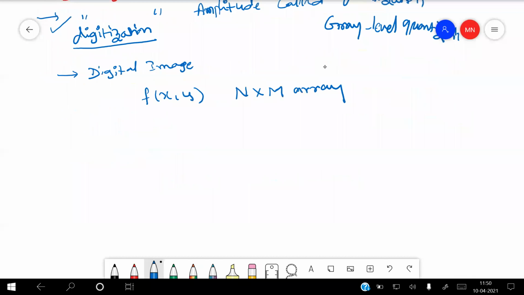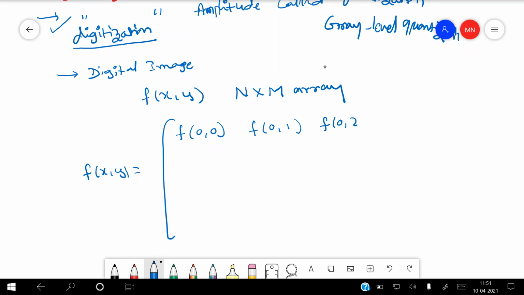Then f of x comma y is equal to: the first sample f of 0, 0; second sample f of 0, 1; f of 0, 2, up to f of 0, m minus 1.